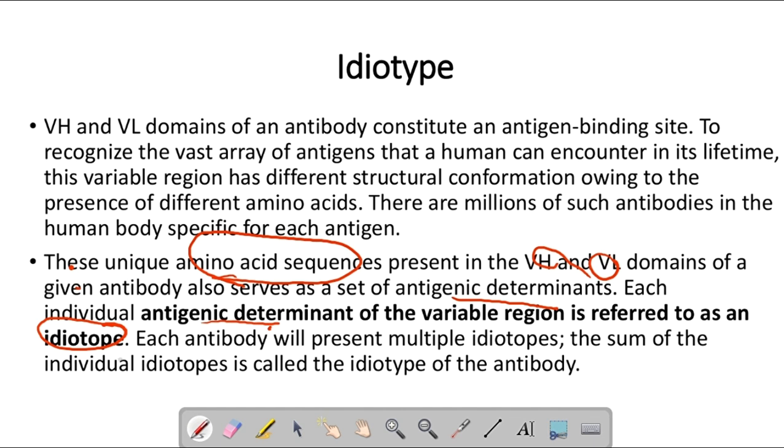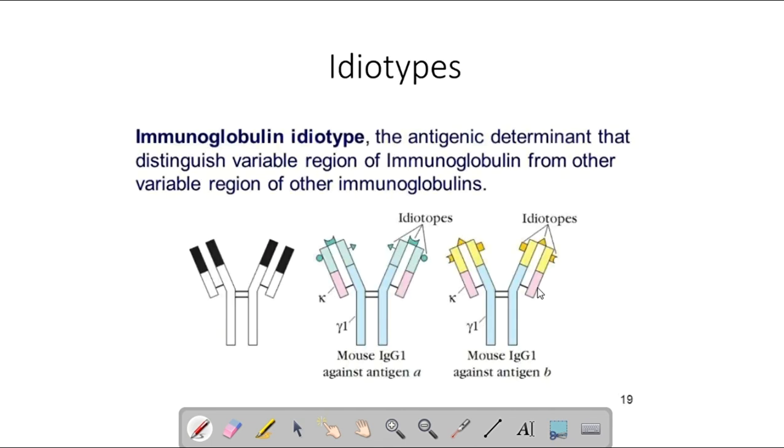This mainly occurs due to the variable amino acid sequences in the variable region. This is the main point. Each antibody will represent multiple idiotypes, and the sum of the individual idiotypes is called the idiotype of the antibody.